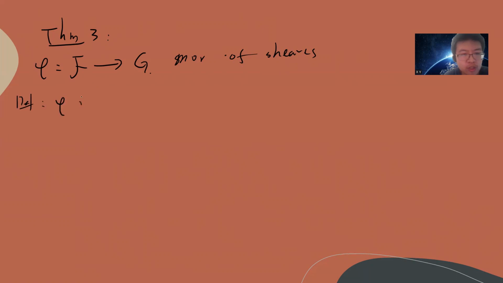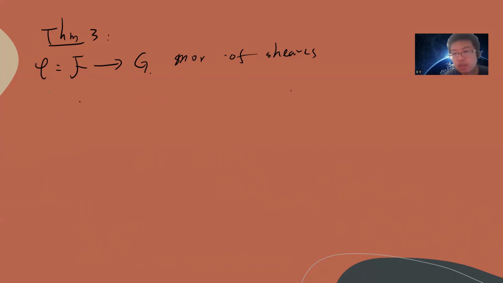Usually when I say phi is an isomorphism, it means they are the same on each stalk. Let's prove it out.